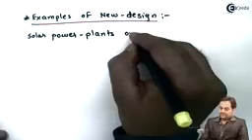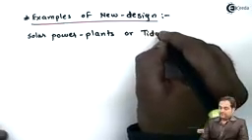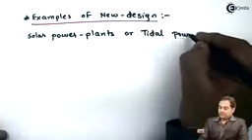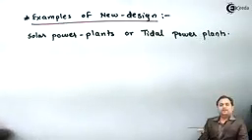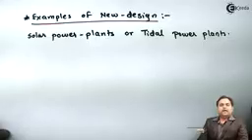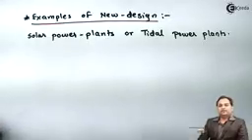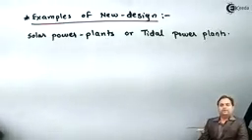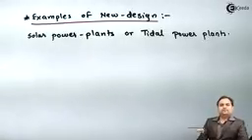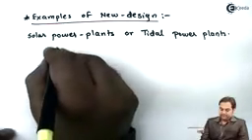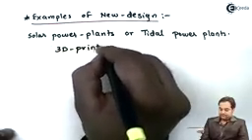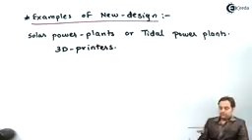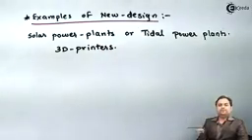Or we can even say tidal power plants. Both solar and tidal are used to generate electricity, and when we are setting them up, it comes under the category of new design. So whatever thing we are making for the first time, that concept is called new design. I can even give the example of 3D printers. That also comes under the category of new design.